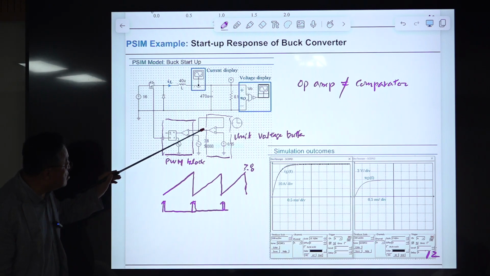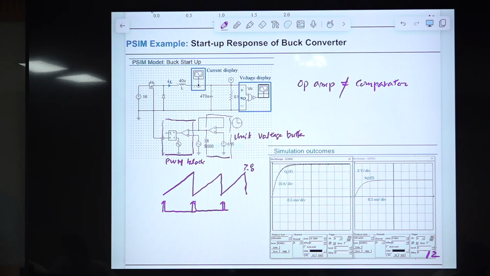This is nothing. The same voltage is here. And this is 3.8, and this voltage is somewhere here, 0.95, which is 1/4 of this.